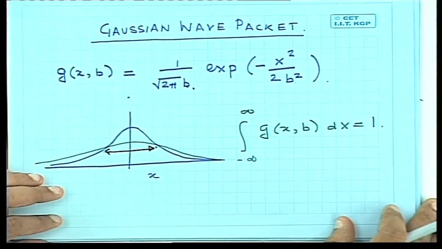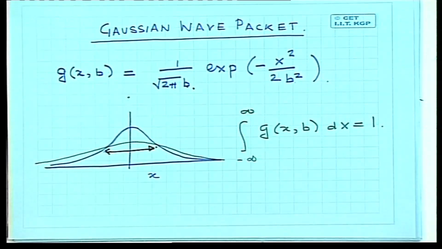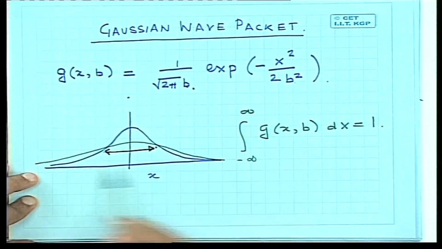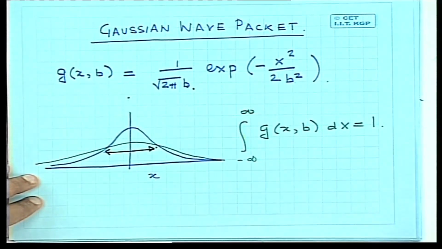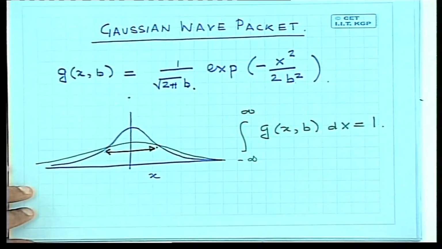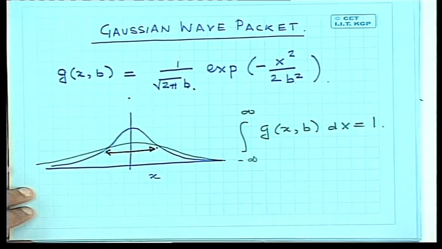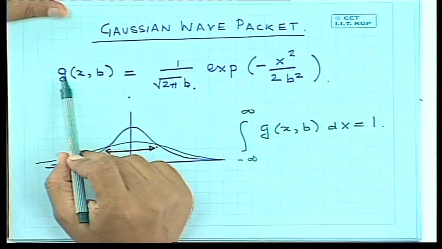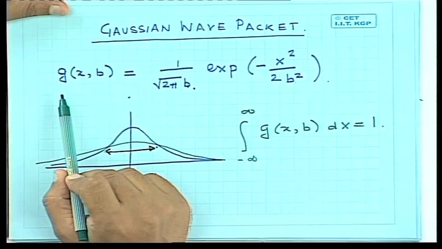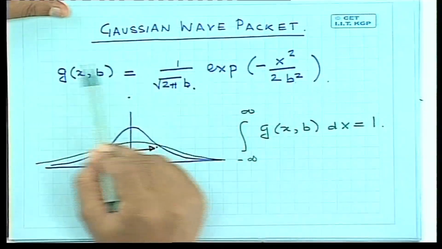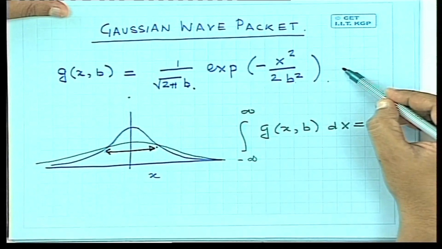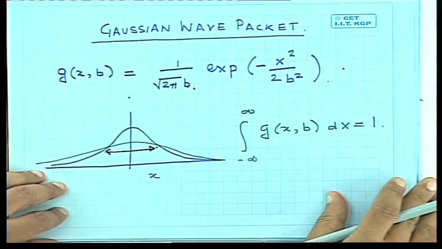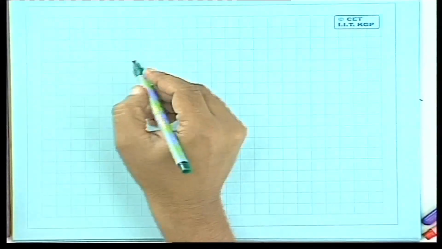So we would now like to construct a situation where the probability of finding the particle along the x-axis has such a Gaussian distribution. So what should the wave function look like? One possibility: the probability density looks like this Gaussian over here, so one possibility for the wave function is just the square root of this probability density.